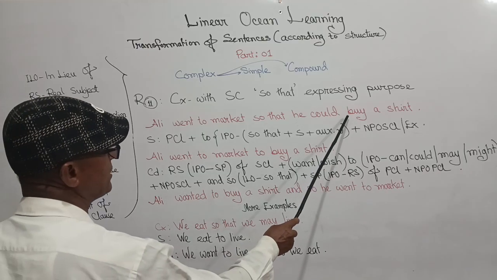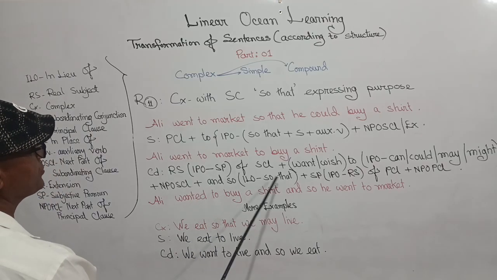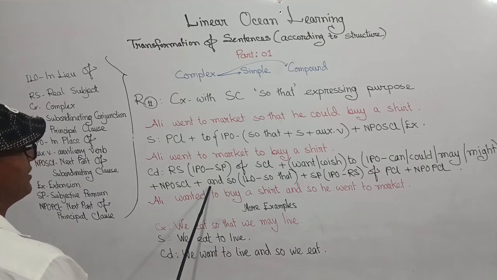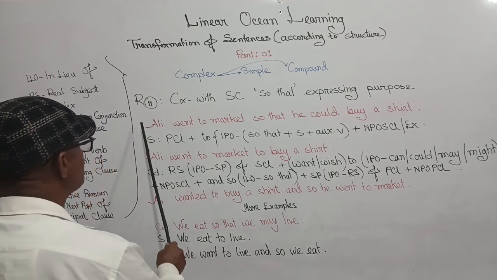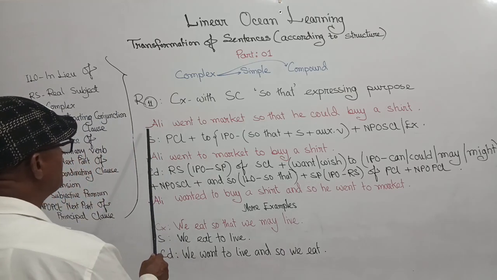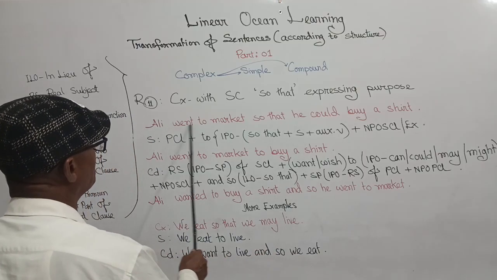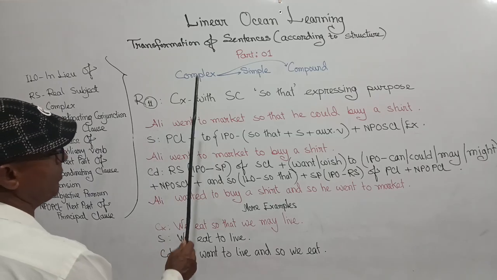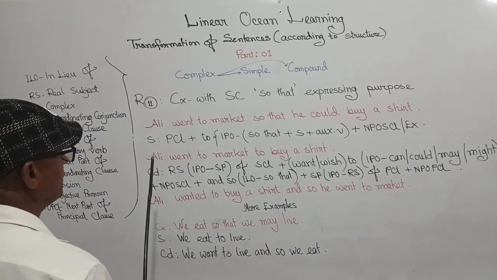The next part of the subordinating clause is buy a shirt, plus "and so", in lieu of, instead of "so that", plus subjective pronoun IPO RS, that is, in place of the real subject we have to write the subjective pronoun, and the subjective pronoun of Ali is "he", of PCL, the principal clause. Ali went to market, and here it will be he went to market, plus the next part of the principal clause, went to market.